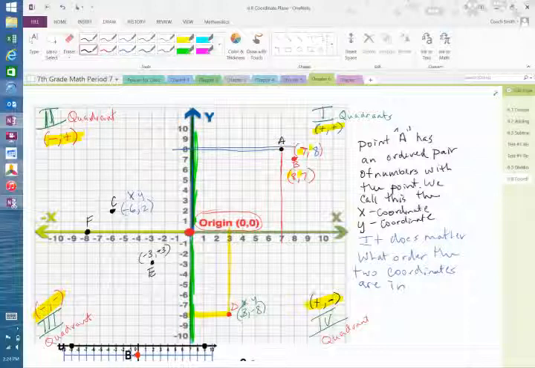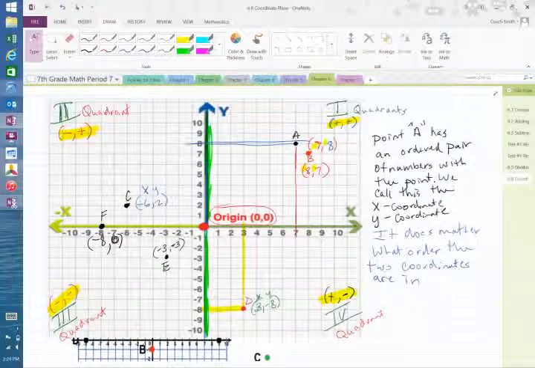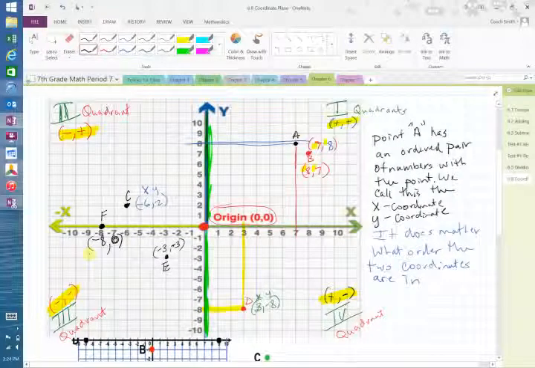It crosses at -8. And where does it cross the y-axis? 0. So -8 and 0. If you have one that's -8 and 0, then how you explain where it's located is on the x-axis. It's not in a quadrant. If it falls on a line, it is not in a quadrant.